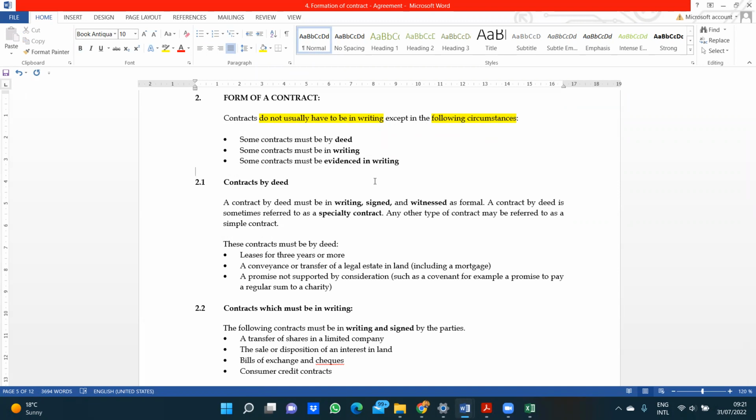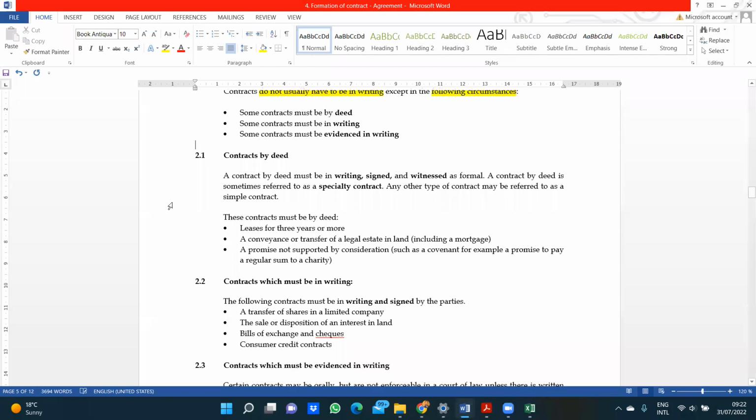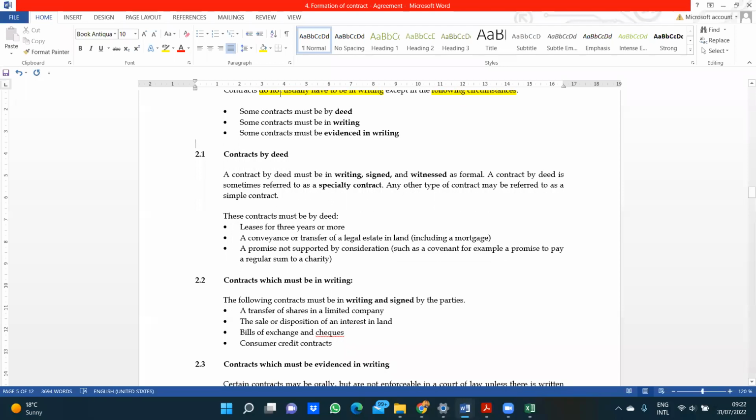Some contracts must be by deed. Signed and witnessed as formal. Three things: it must be written, it must be signed, and witnessed by some person.